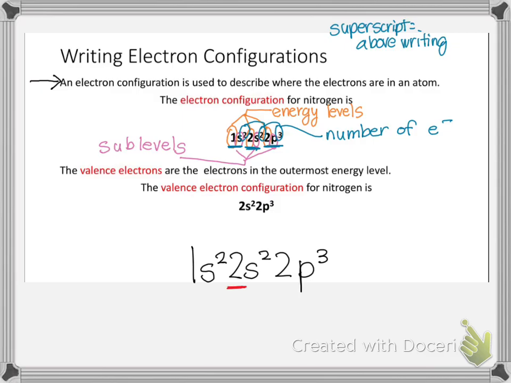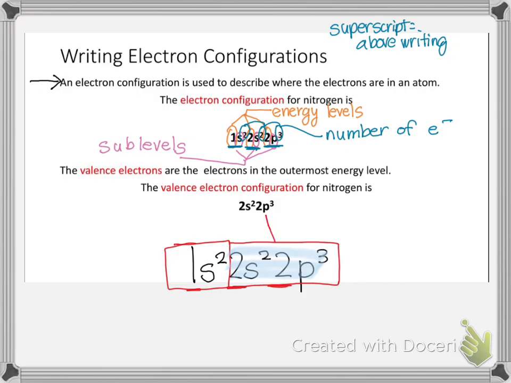So these are the energy levels. We have this in energy level 1, and these two things are both in energy level 2. And the valence electrons are whatever is in the highest energy level. So all of this is in the highest energy level.